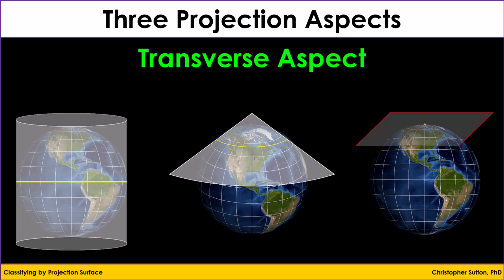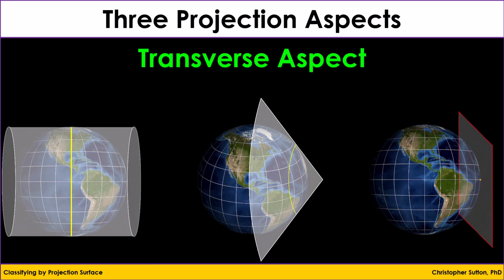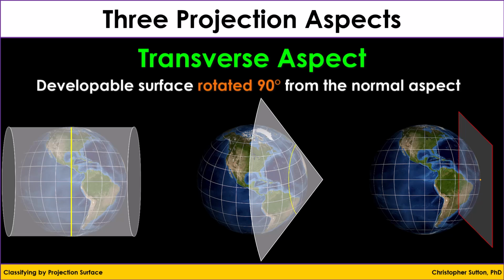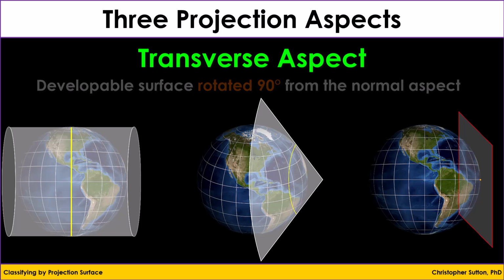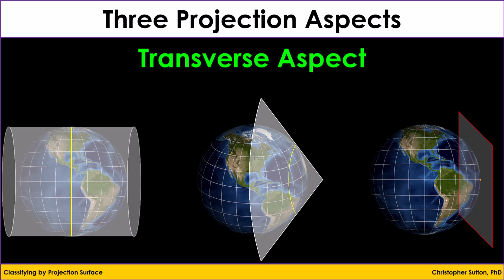The second aspect is transverse aspect. In this orientation, the developable surface is rotated 90 degrees from the normal position, so its axis is perpendicular to the rotational axis. In cylindrical projections, this means that the developable surface makes contact with the reference globe along a longitude line instead of the equator.